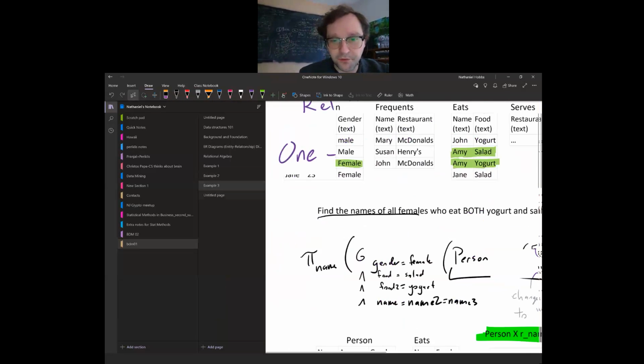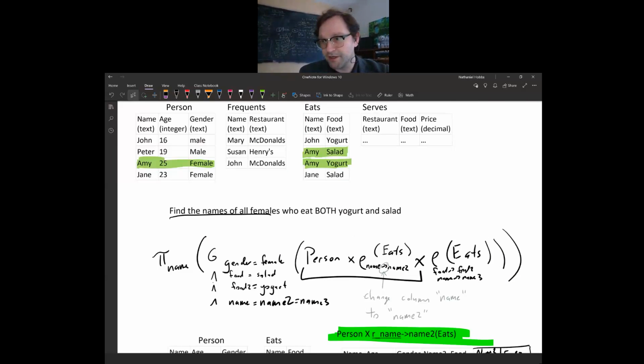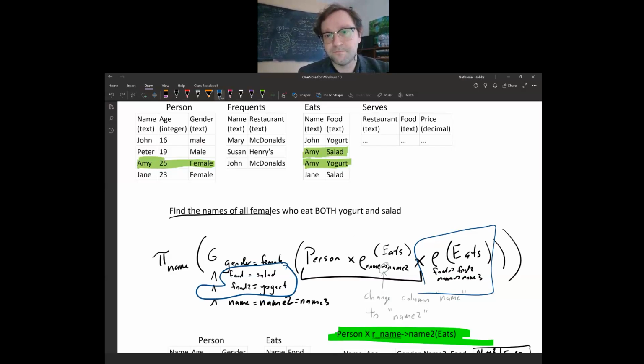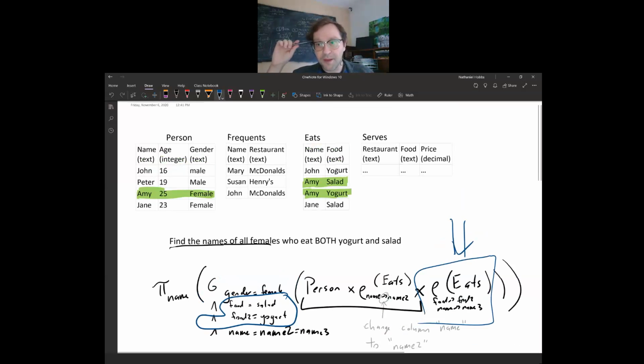So in this third example, the reason why we have to add this, it's basically the same as the last one, except here it's checking that it has both a salad and a yogurt food. And in order to write this, that's why you need this eats here. Because otherwise, going through the select, if you just have a single column named food, then for example, trying to select here, you'd eliminate it.